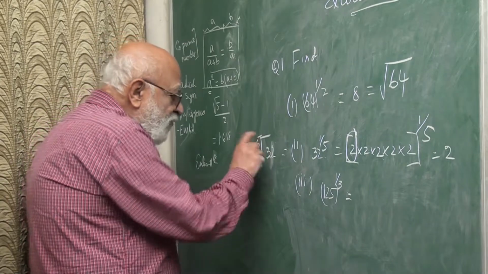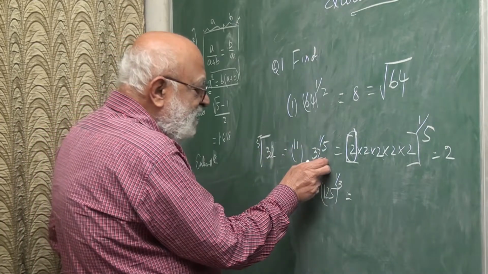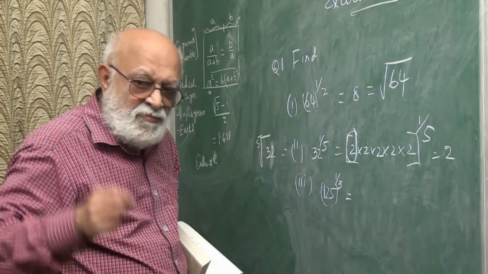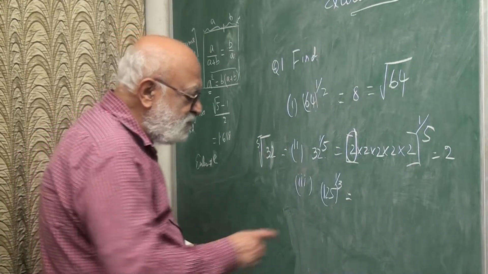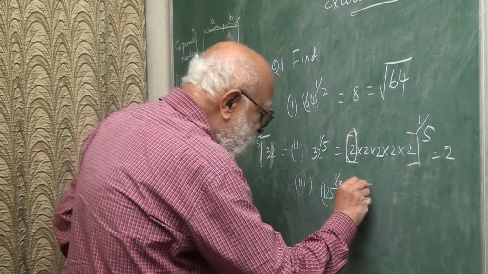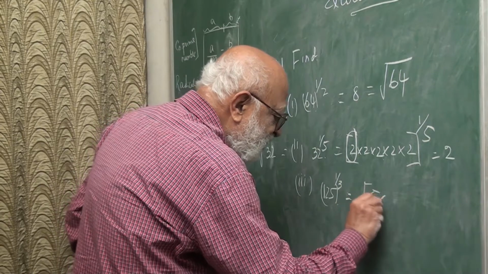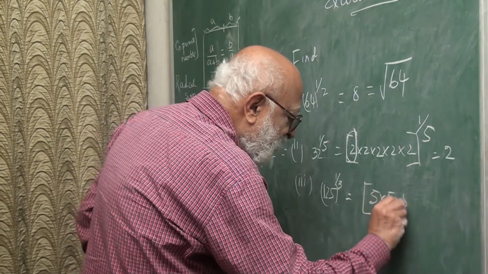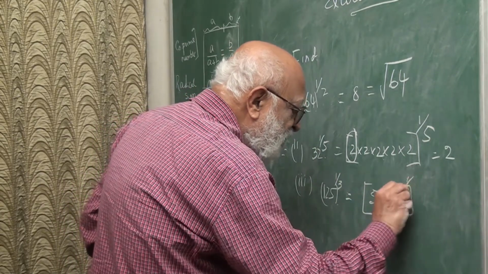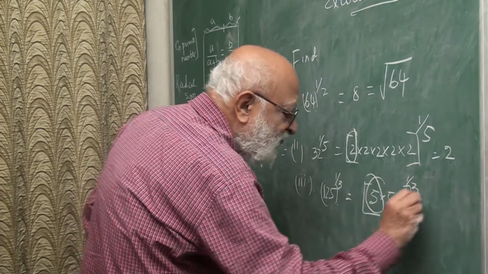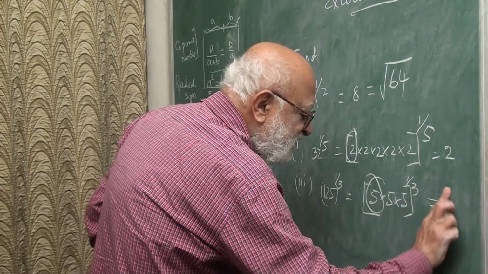But removing root and writing it like this becomes more simple and easier to do. So what would this be? This would be 5 into 5 into 5 to the power 1/3. So I will pick up only one 5. So this is equal to 5.